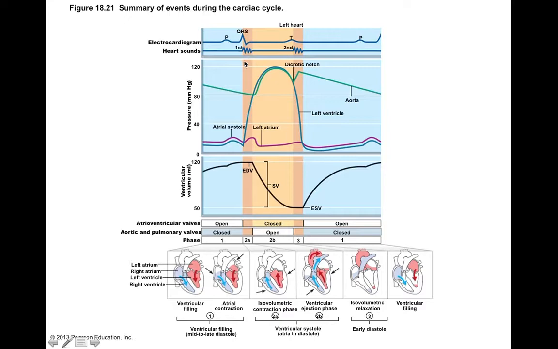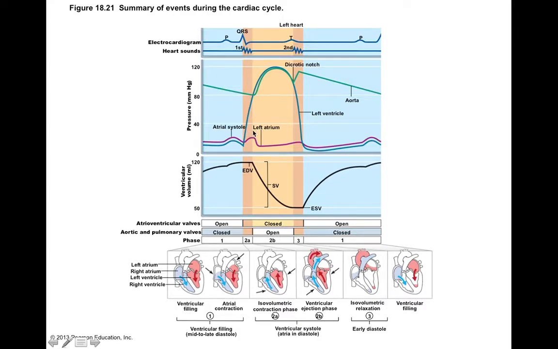So what happens is that when the AV valves close, all the valves are closed. What's that phase called when all the valves are closed and the ventricles are contracting? Isovolumetric contraction phase. Very good.